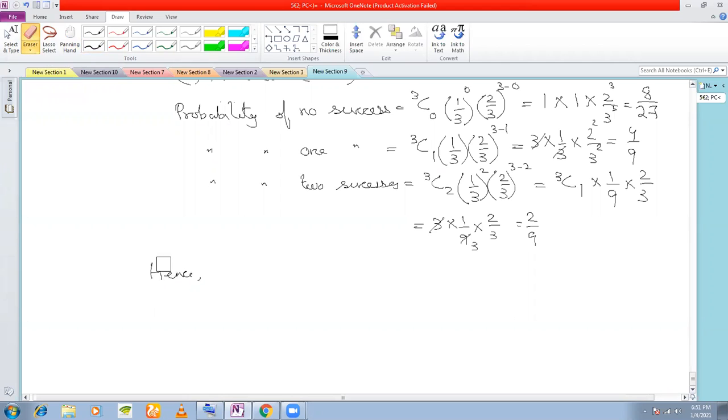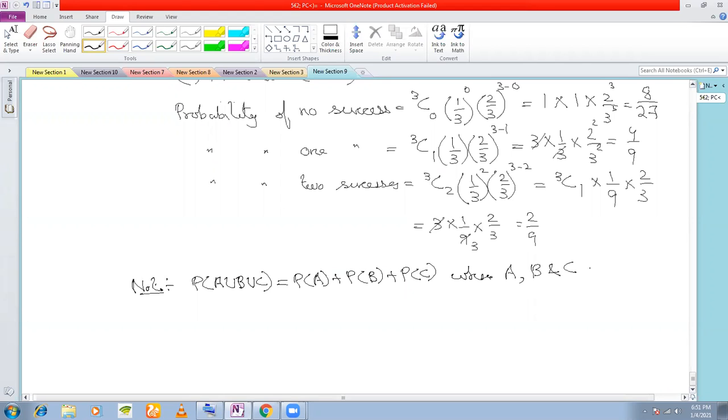Because if you remember, I told you that if A, B, and C are mutually exclusive events, the probability of occurrence of any of the three events, P(A union B union C), is equal to P(A) plus P(B) plus P(C), right?